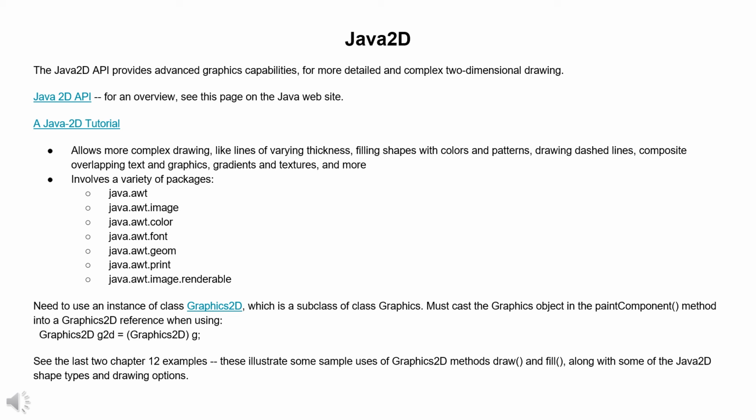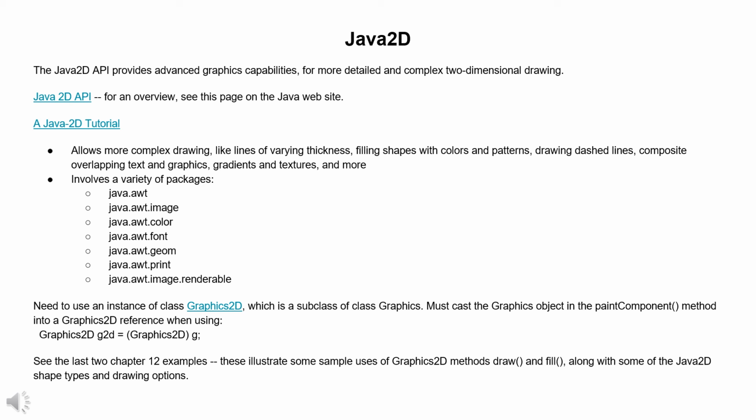And also for a tutorial about Java 2D, you can click on the second line, a Java 2D tutorial. Java 2D allows more complex drawing, like lines of varying thickness, filling shapes with colors and patterns, drawing dashed lines, composite overlapping text and graphics, gradients and textures, and more.